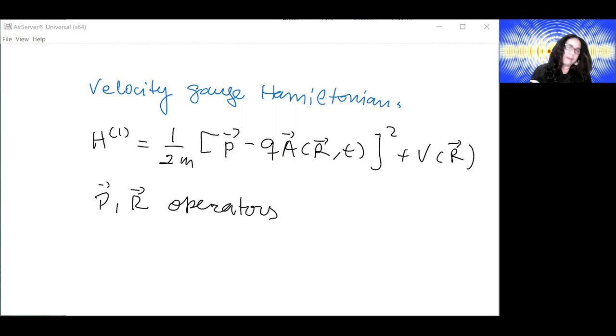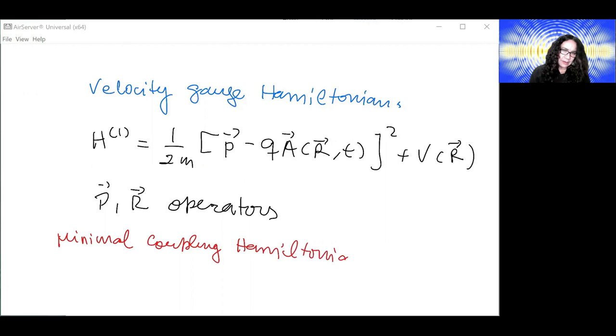This is describing a particle of charge q and mass m in an external field, and this is the vector potential. If you're struggling with that, have a look at minimal coupling Hamiltonians, and you'll see what I'm talking about.